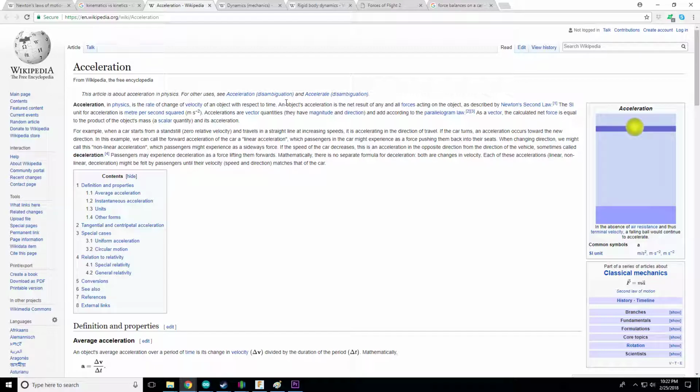Then when you increase speed, let's say you increase to 5 miles an hour in 1 second, you are accelerating at 5 miles per hour per second. So basically it's the rate of change of your speed. If you're accelerating, your speed is increasing every second by the value of your acceleration.